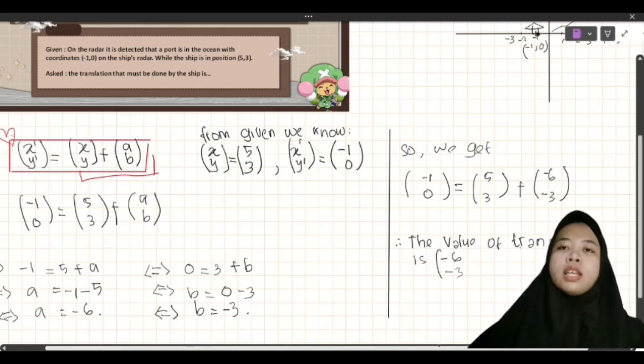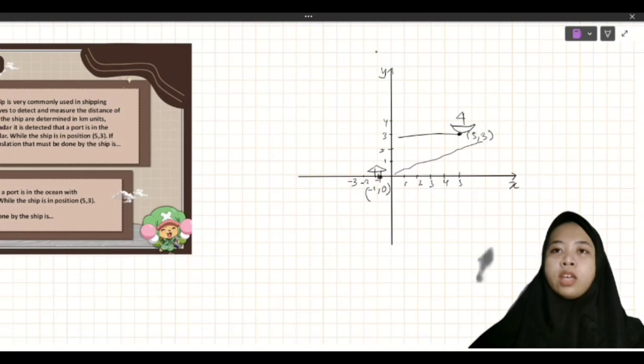Back again to the illustration that has been drawn. If we use steps to calculate the number of steps taken by the ship, we will also get the same result. We agree that a step to the right is positive and a step to the left is negative. Up is positive and down is negative.